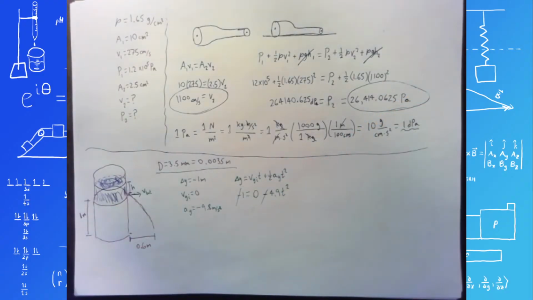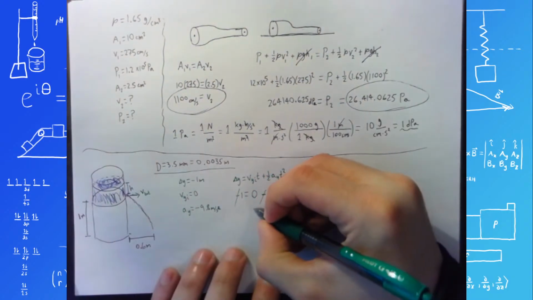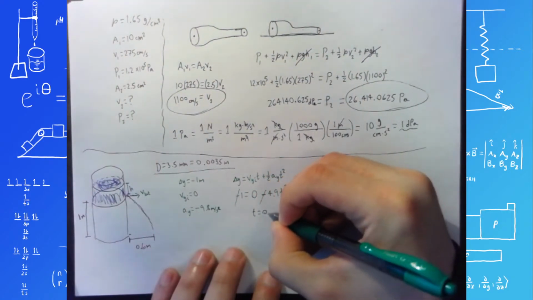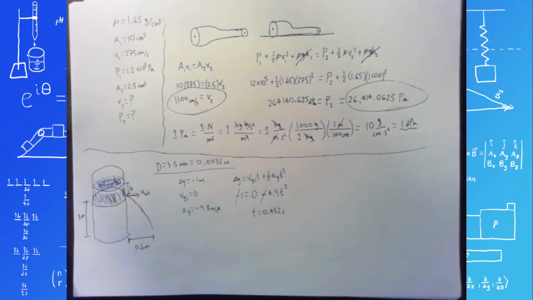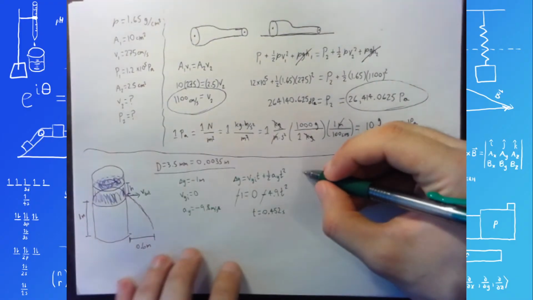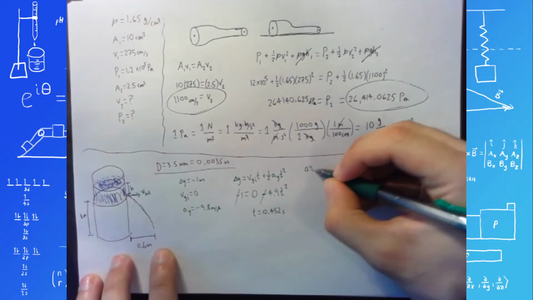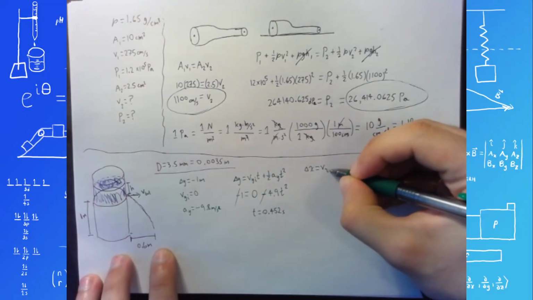Cancel the negatives. 1 divided by 4.9 and take its square root. And that's going to be 0.45175. I'll round it to 0.452. So t equals about 0.452 seconds.